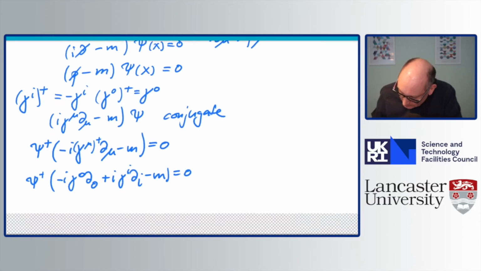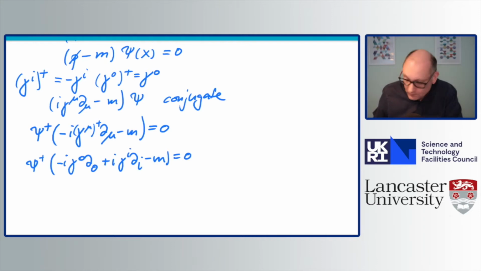Now, this may not look relativistically covariant because the gamma naught and the gamma 1, 2, 3, the contraction here, enter with different signs. So this equation, as written here, does not look covariant. It is covariant.